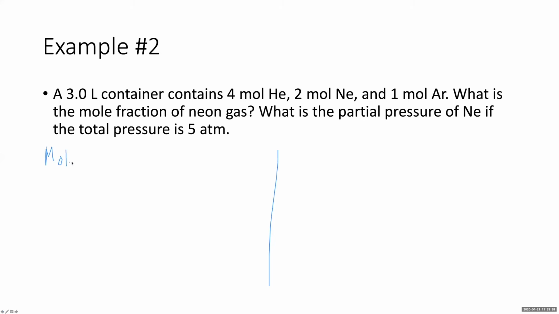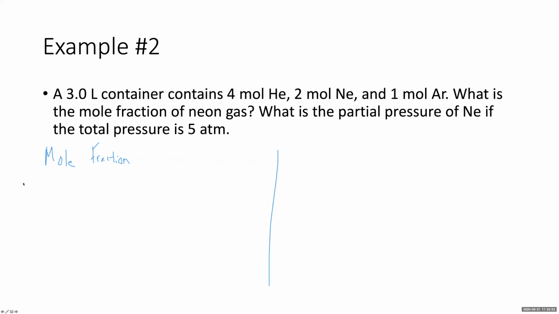I promise, guys, it's quite simple. So, the mole fraction formula is this.